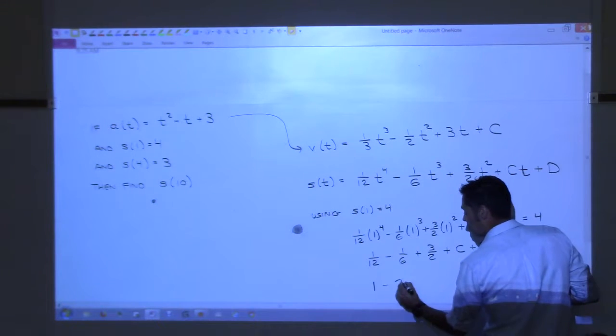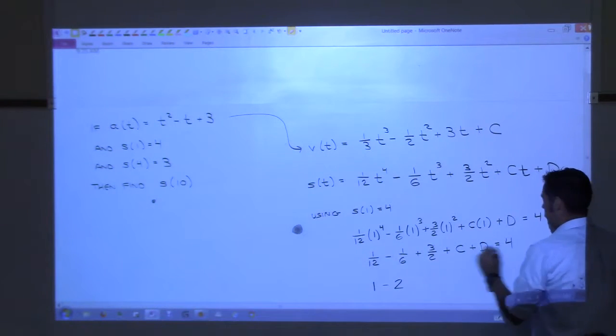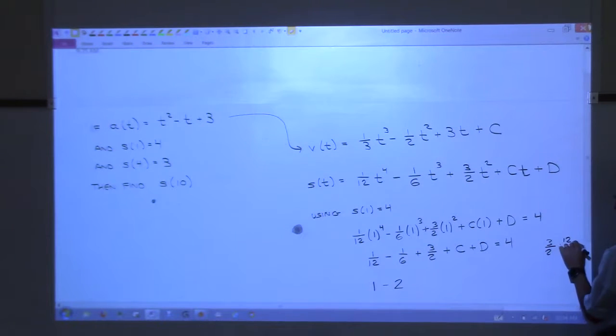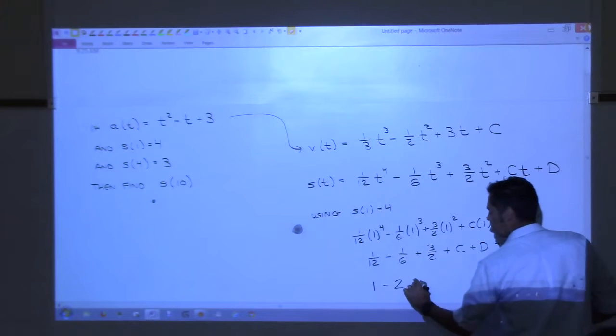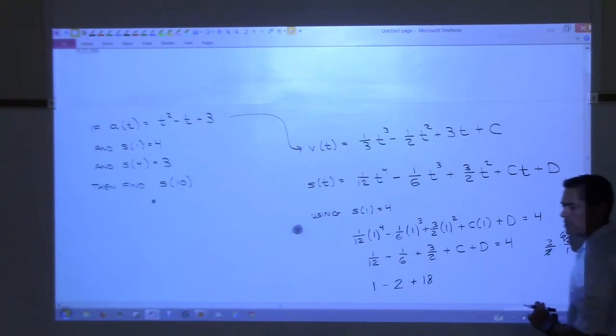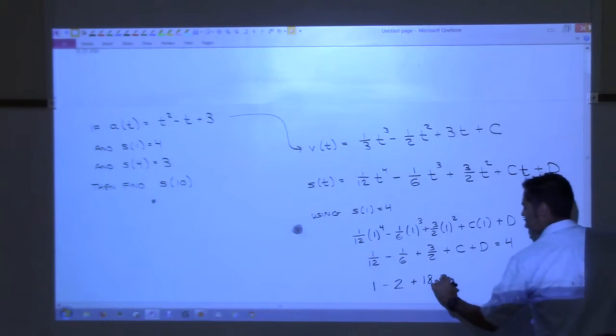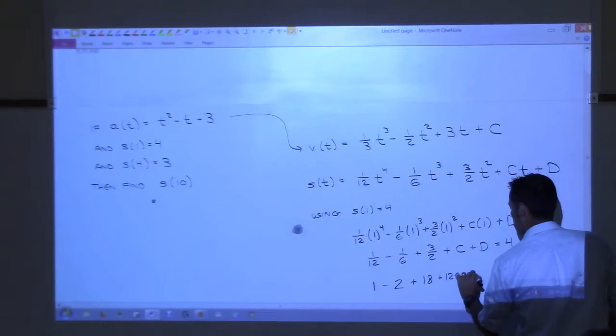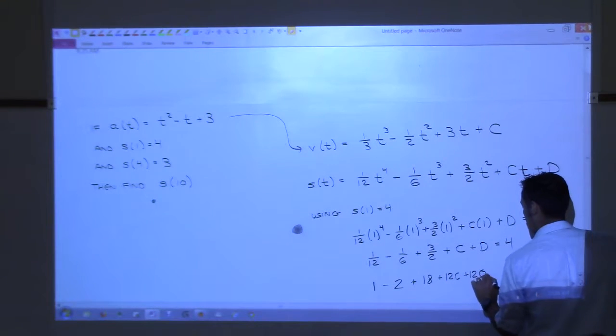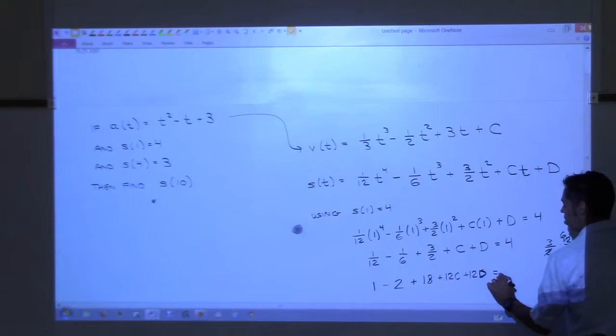So minus 2. Multiply this by 12. 3/2 times 12 over 1. This cancels, you get 6. So 3 times 6 is 18. So this is 18. Y'all know what I'm doing here? Yes. Plus 12c plus 12d equals 48.